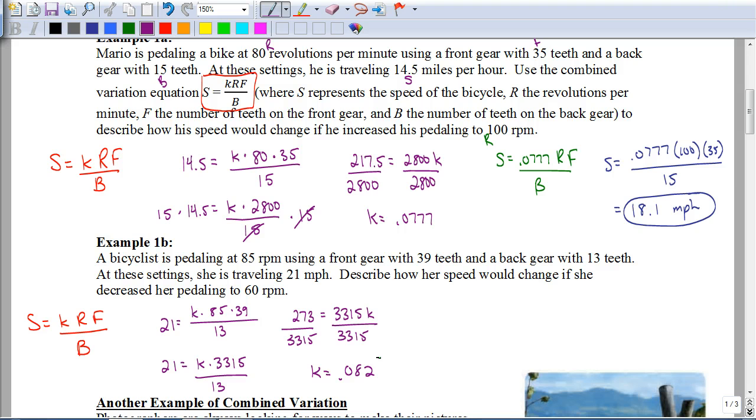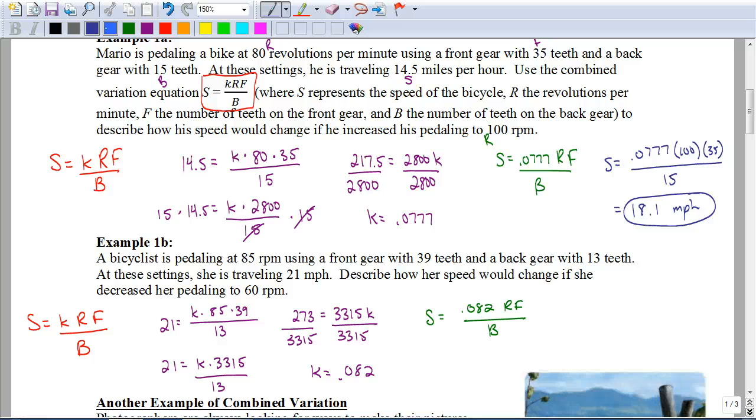Okay, so then you should have come up with a general equation. So now we can use that to figure out how this girl's speed would change if she decreased her pedaling to 60 RPMs.